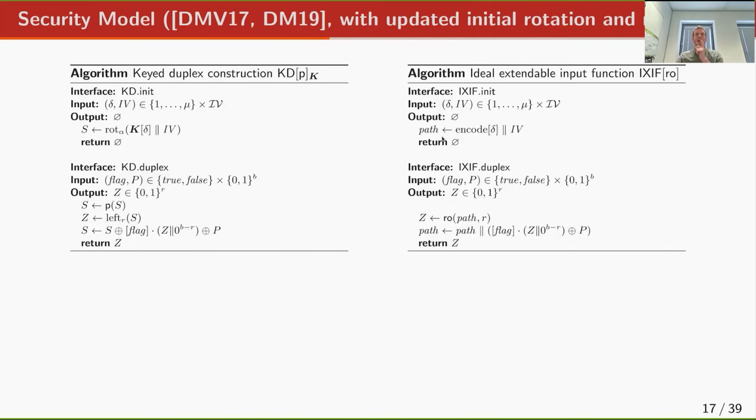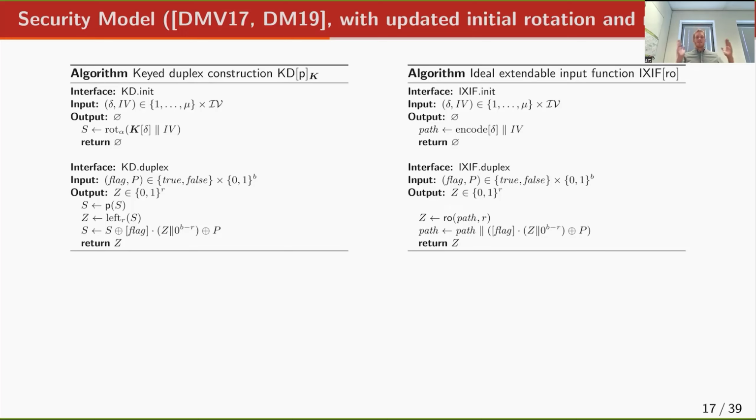And the path is a summary of everything that happens up to the duplex point. So you initialize the path with the encoding of the key index and this IV. And then the duplexing call has the same interface, flag and a B bit input, and it gives you an R bit output. The R bit output is a random oracle on input of the path and R bits. So you say we need R bits.